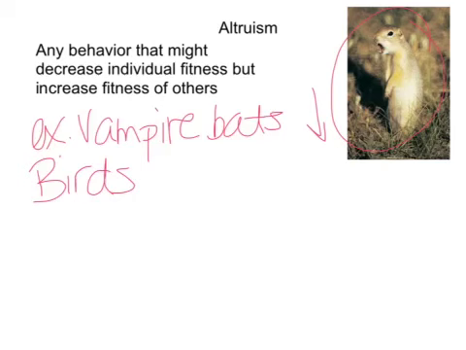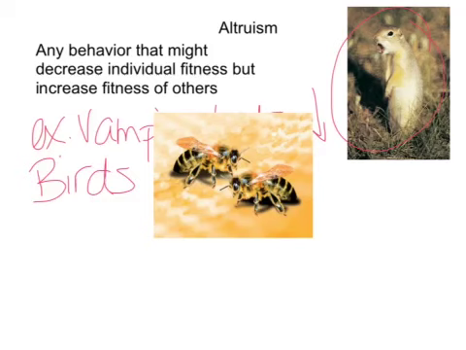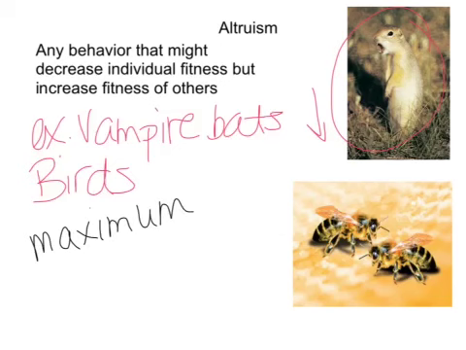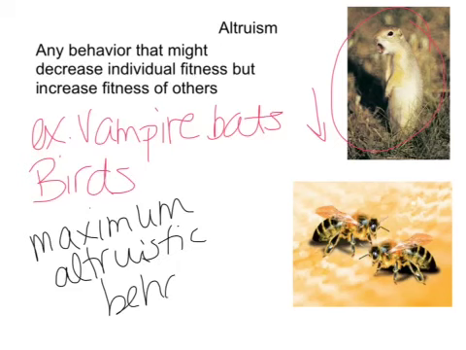These behaviors are a lot more common in animals that have very complex social structures. Insect colonies see a lot of this. We also have what's called maximum altruistic behavior.